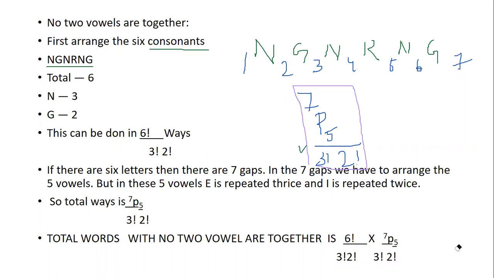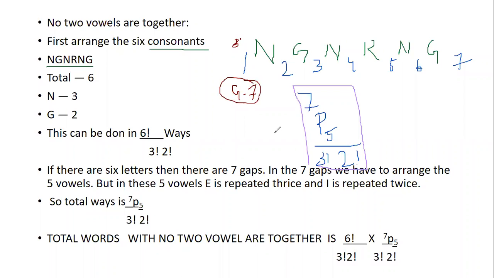there is one more thing that we have to consider. First we placed consonants N, G, N, R, N, G, and only then we tried placing the vowels in the 7 places. Now, these consonants also can change. It is similar to boys standing here and girls having 7 other places to stand.